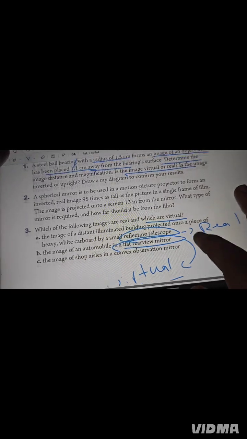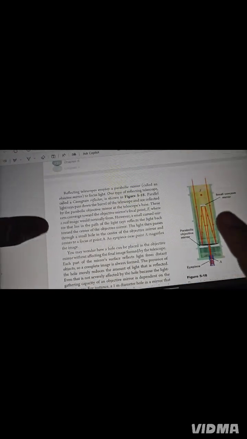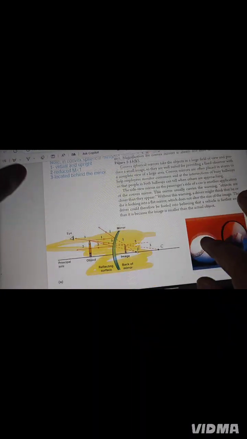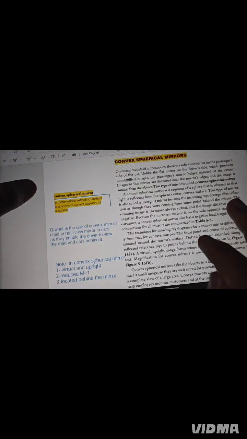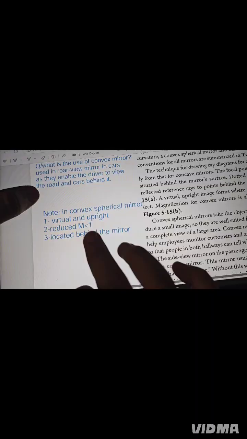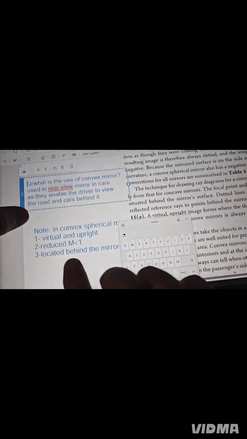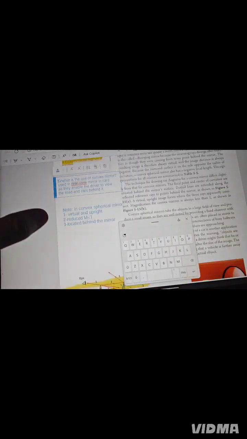In a convex spherical mirror, every time we get a virtual image. And here, look, convex spherical is used as a rear view mirror, so this rear view mirror is virtual. This is the reason. Part B, virtual.